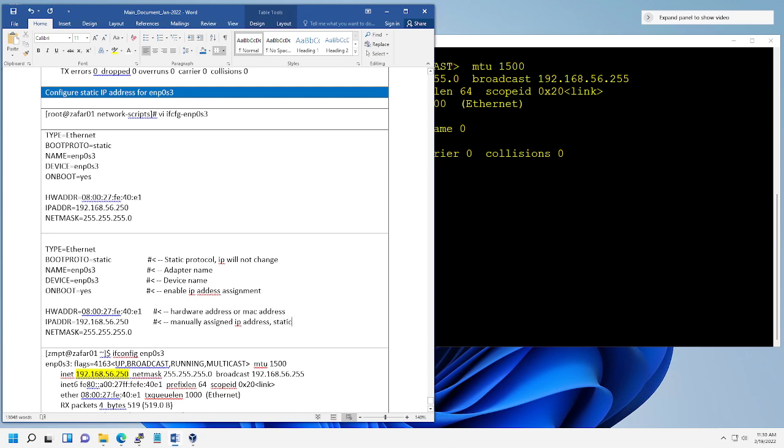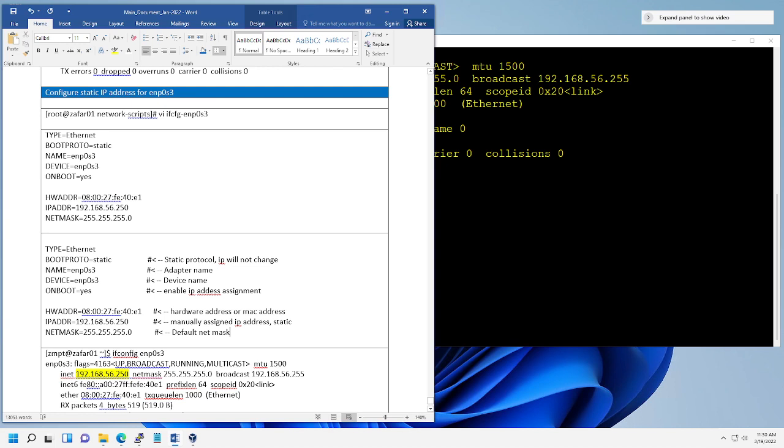Static means it will not change. And this one is the default net mask. I have never seen a different net mask in my life other than 255.255.255.0.